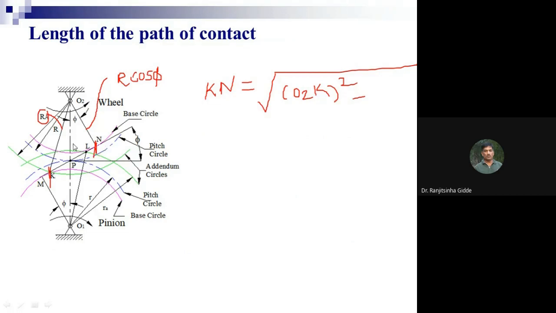This Kn is remaining. How to write for this Kn? Kn is equal to under root, this is Pythagoras theorem, under root this hypotenuse square minus this O2N bracket square. Okay.